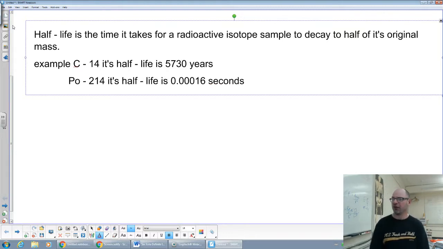So these things can vary quite a bit. The carbon-14, we use that in carbon dating. Polonium-214 is a highly radioactive element.